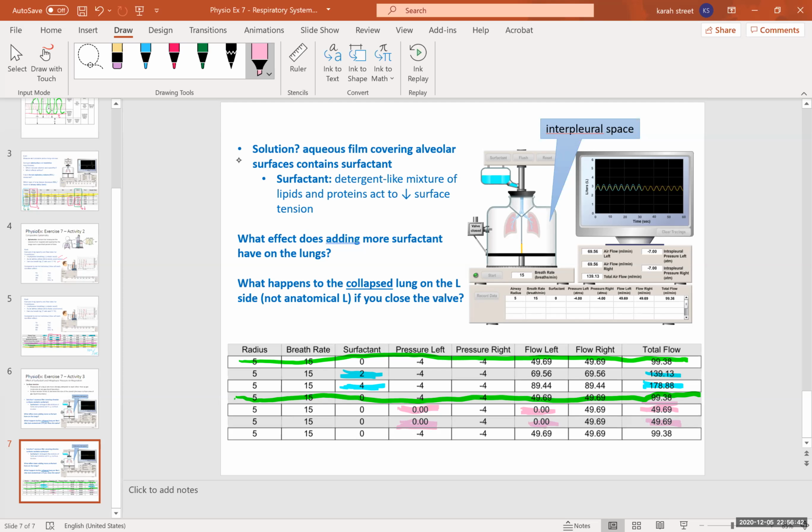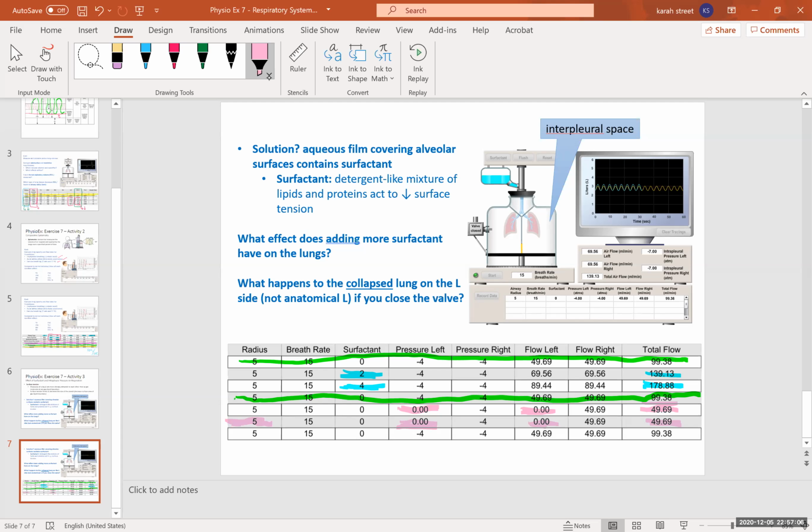And then when we plug up the hole, when we seal the wound, that's this row here, we seal the wound, but we did not restore the negative pressure. Notice that didn't help anything. We still have a total airflow of half of what we started with.